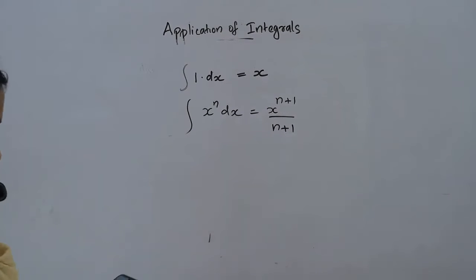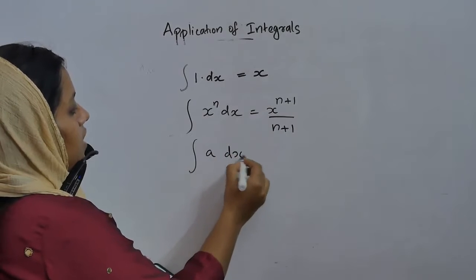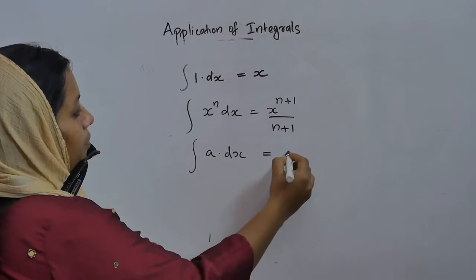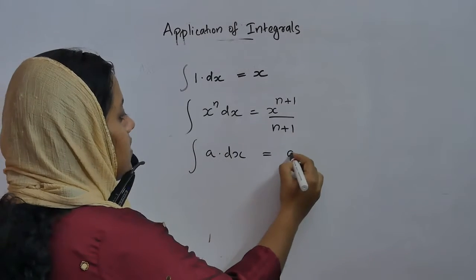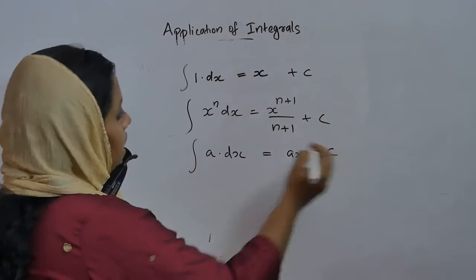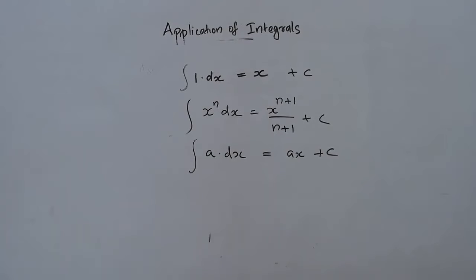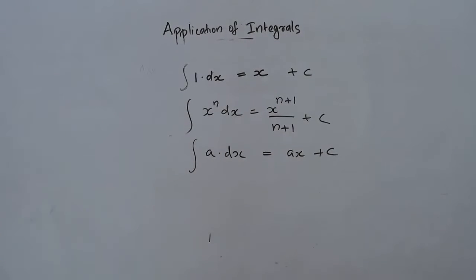Then what is integral a dx? a is a constant, so that is nothing but a into 1 dx, so ax. We'll put a c if we are doing indefinite integral. In case it is definite integral, no problem, just put the limits.